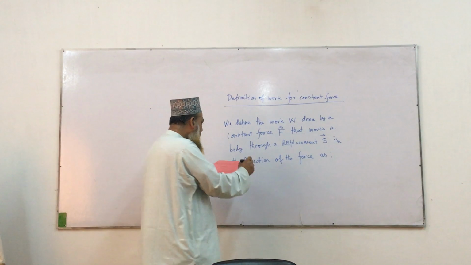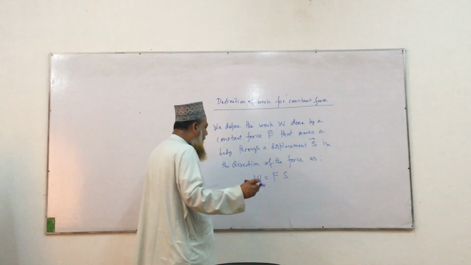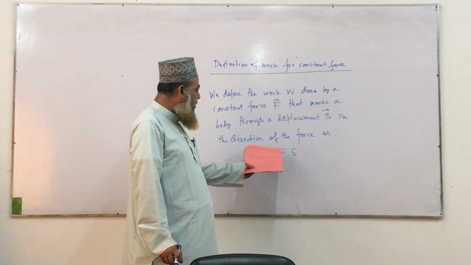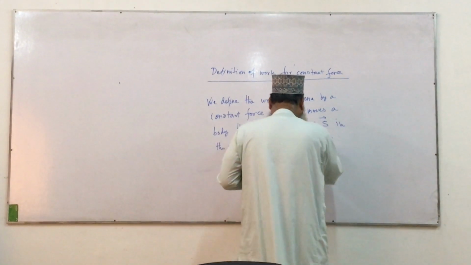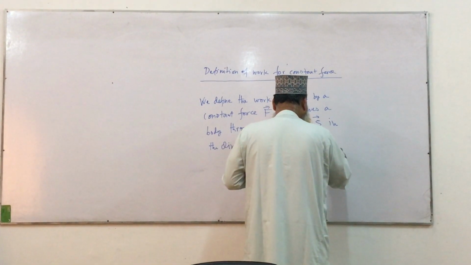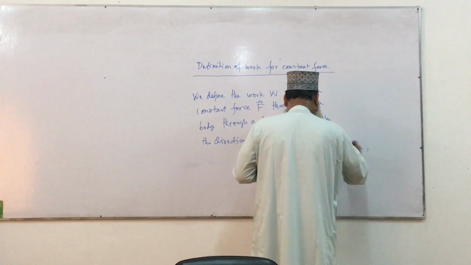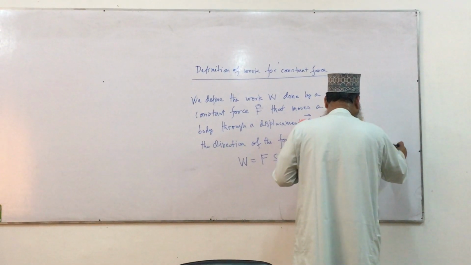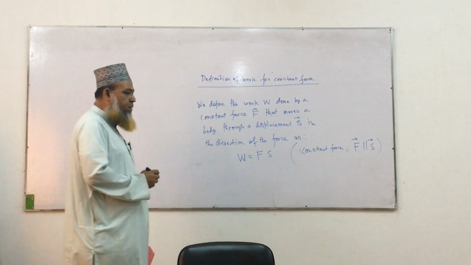In this case, W equals F S. Now I write the magnitude of the force and the magnitude of displacement. F multiplied by S gives the work. And the condition is what? I write the condition here: constant force, and F and S are parallel.